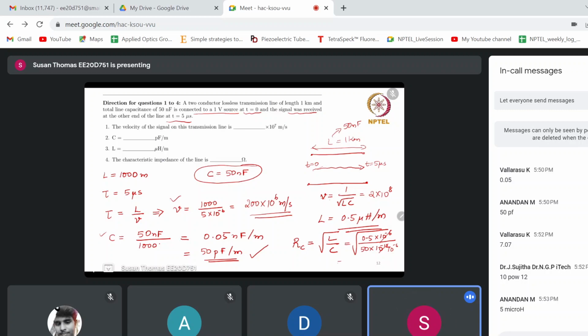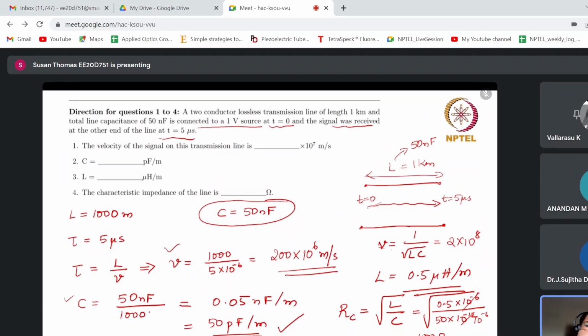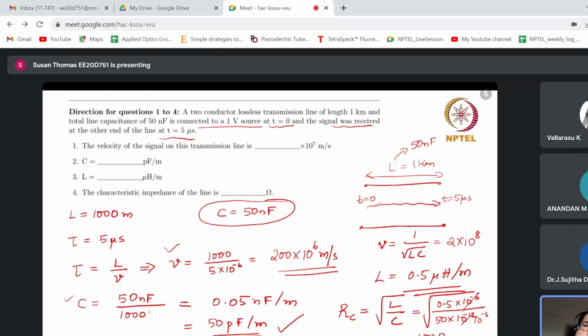Very simple, it's 100 ohm. That will be the characteristic impedance of the transmission line. I hope this question is clear to all of you. We'll just move on to the next question.